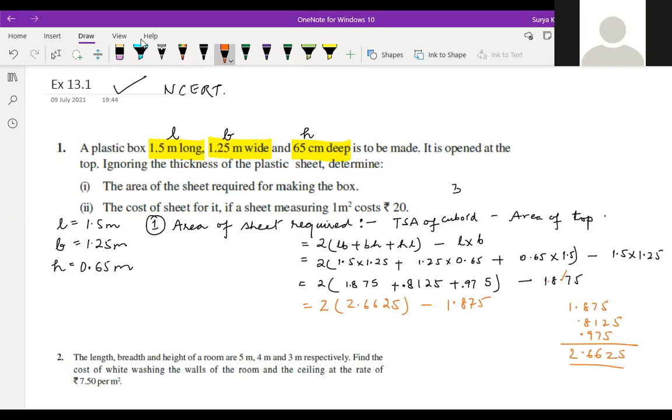I'll use a calculator over here. 1.875 plus 0.8125 plus 0.975.